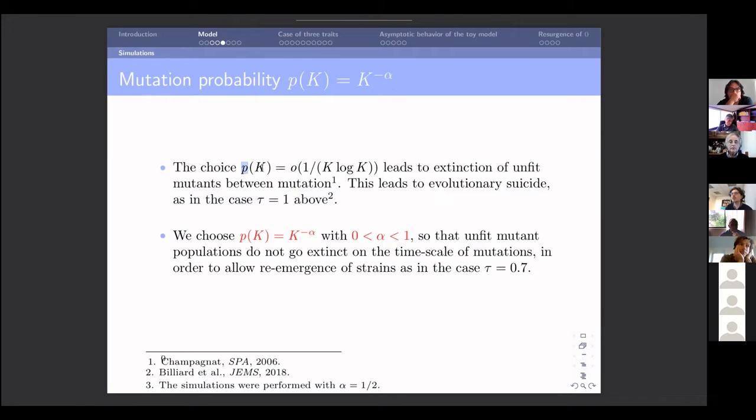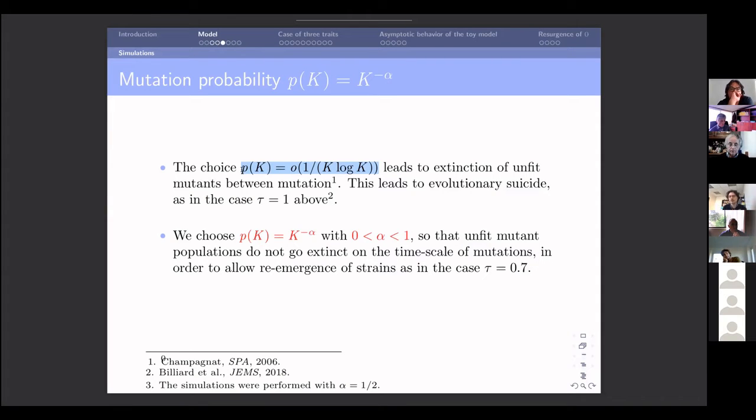So actually it is known by several works that if you take pk too small, you have very rare mutations. And so actually mutations are going to occur one after another and leave sufficient time in between for the competition between different traits to be ruled out.